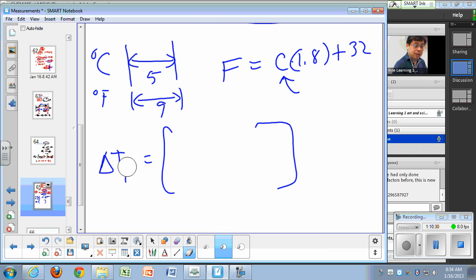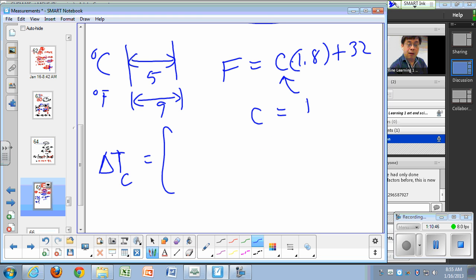I need the change in Celsius, right? I subtract 32, and then divide by 1.8, correct? Let me do that here first. The Celsius reading is whatever the Fahrenheit reading is, I subtract 32, and then I divide by 1.8.